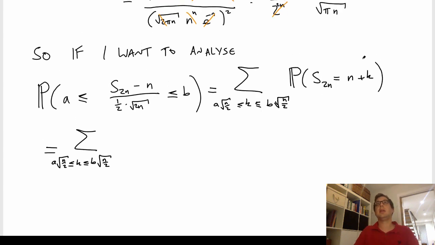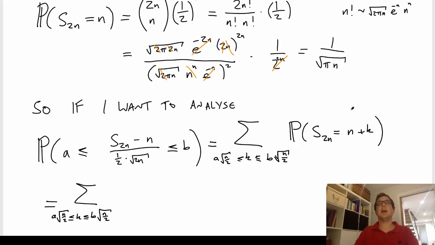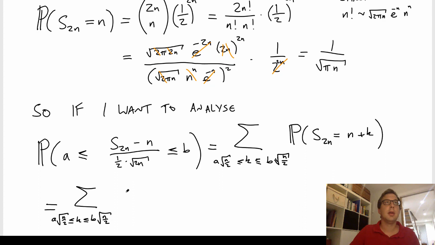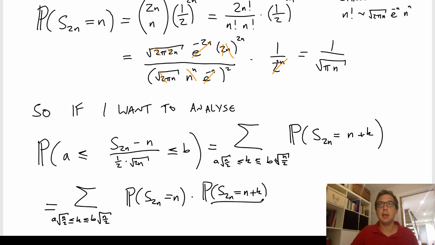But I can look at it as, well, the probability is equal to n times the relative value of this error compared to if it was exactly equal to the mean.